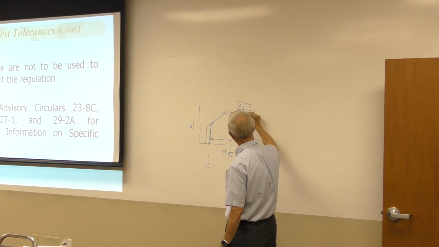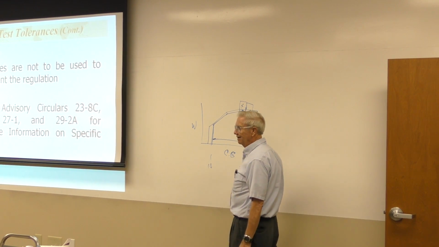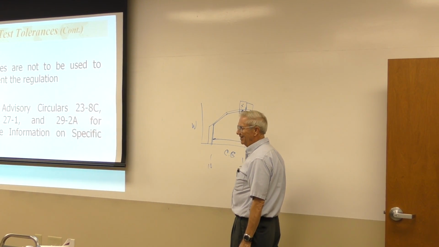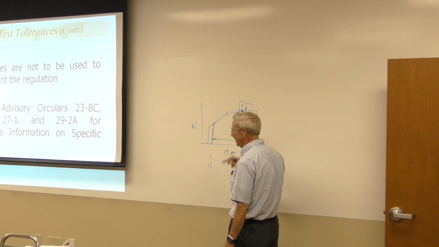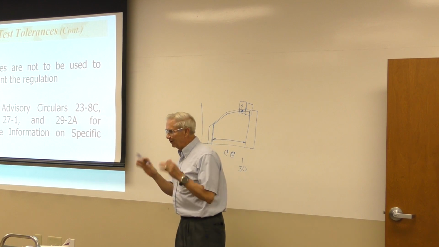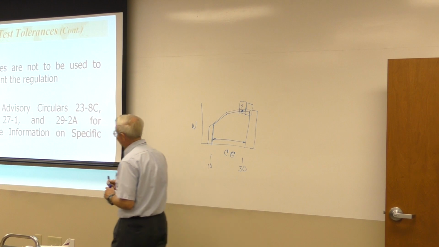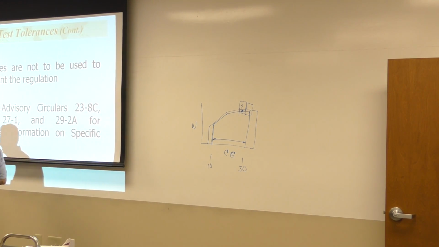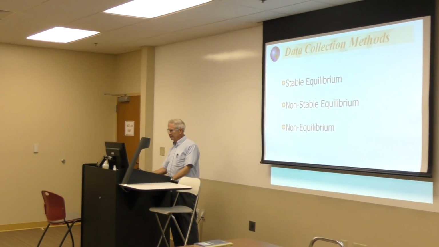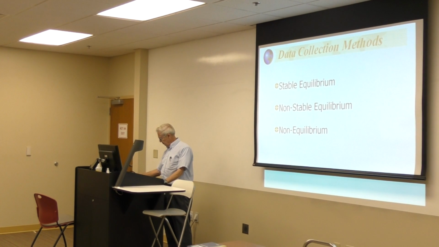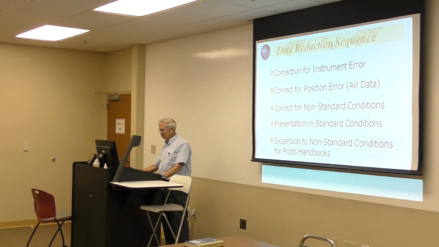So if you wanted to measure stall speed and you got it back here, you could kind of cheat. You could almost be doing it at a forward CG, which means you have more control authority and you're going to get a lower stall speed. So they say don't do that. We'll be looking at all of these kinds of data collection methods during the course.